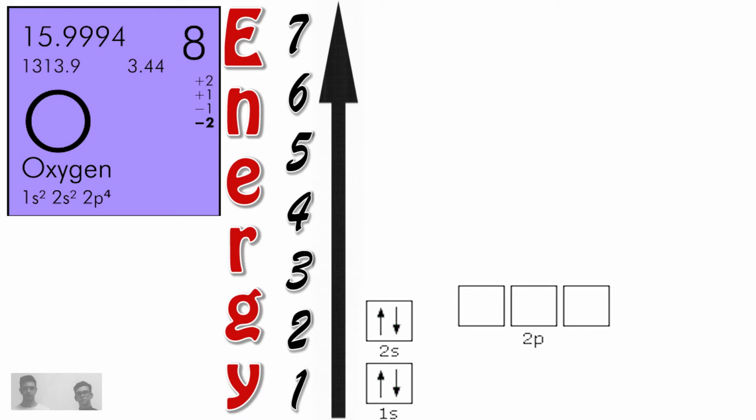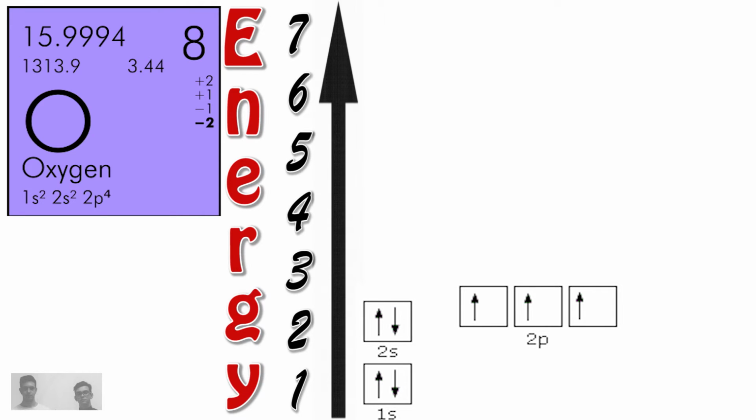When we are filling orbitals we need to try to maintain a repulsion as low as possible between electrons, so we fill the orbitals putting every single electron in an empty orbital, in a way that the electron is unpaired. And after we fill all present orbitals, we pair the electrons of opposite spin. At the end it becomes 1s2, 2s2, 2p4.